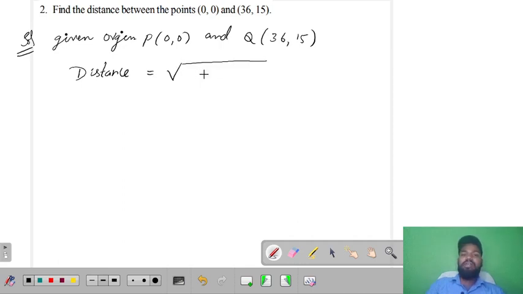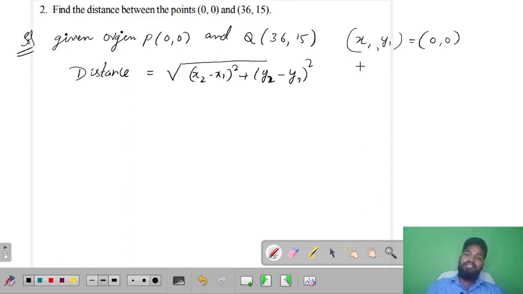Distance equals under root x2 minus x1 whole square plus y2 minus y1 whole square. Now I am writing clearly for your understanding: x1 comma y1 equals 0 comma 0, and x2 comma y2 equals 36 comma 15.